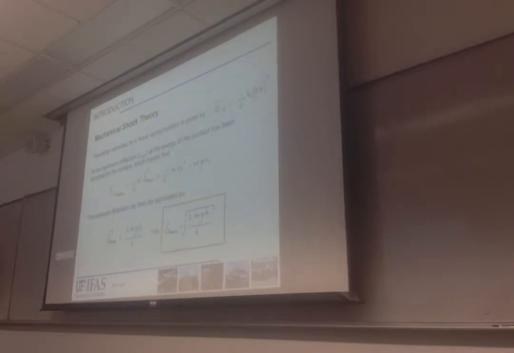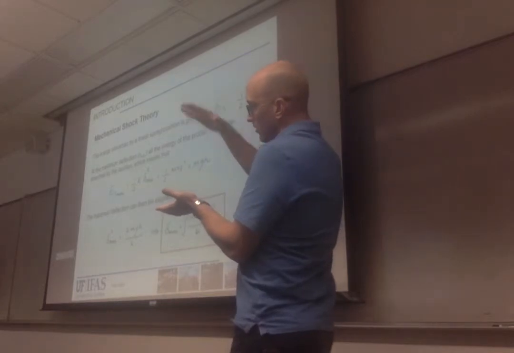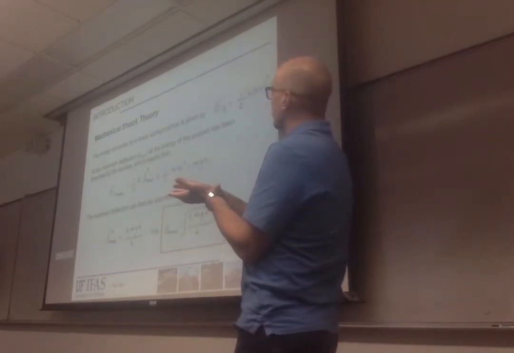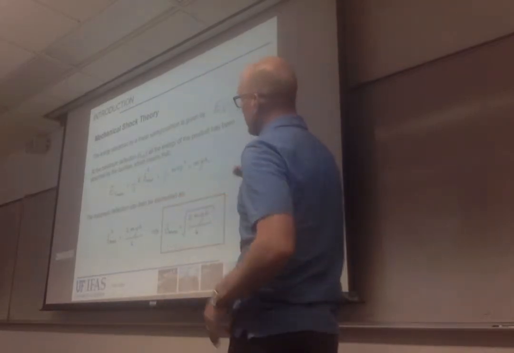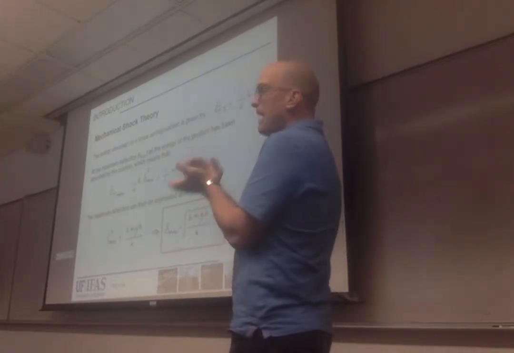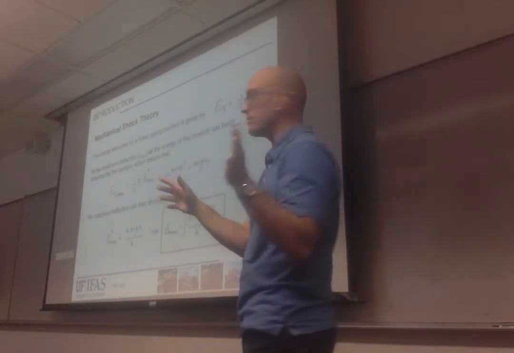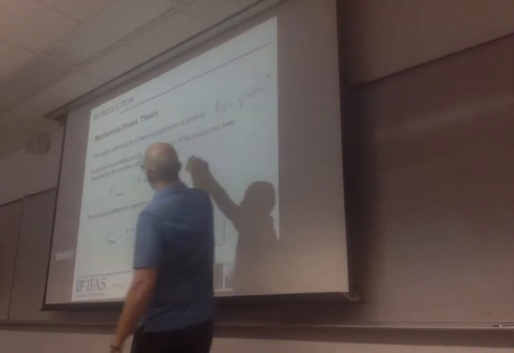So your product is going to fall. It's going to displace the cushion, and it's going to displace it in such a way that when it reaches the maximum deflection, all the energy has been absorbed. Does it make sense? That's the reasoning behind it.